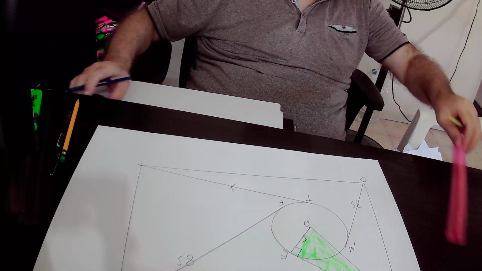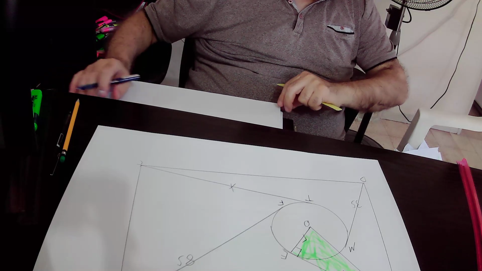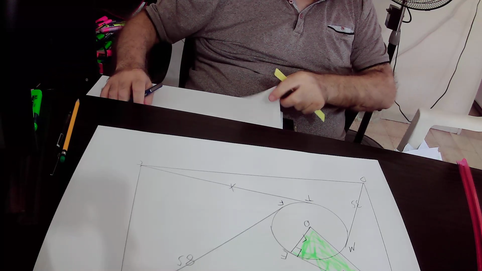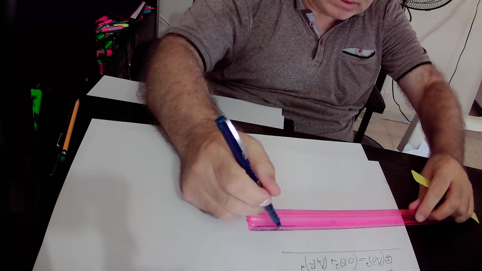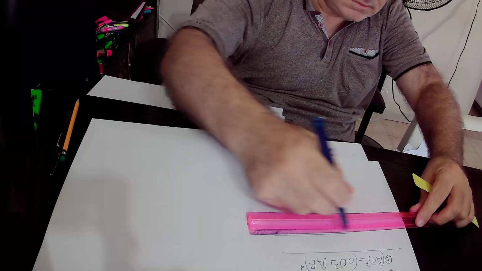Repeat again. In the green right triangle, triangle AOE, according to the Pythagoras theorem, AO square equals OE square plus AE square.